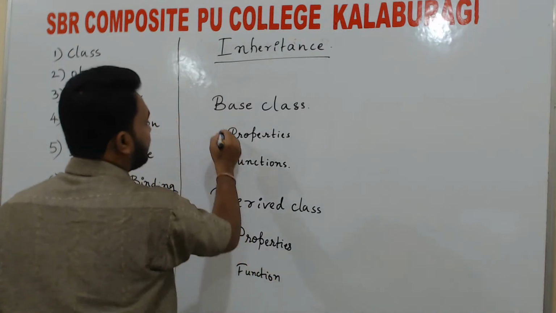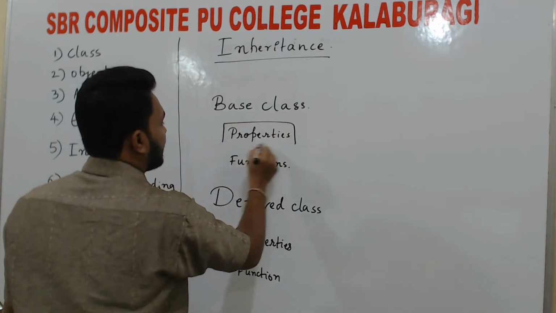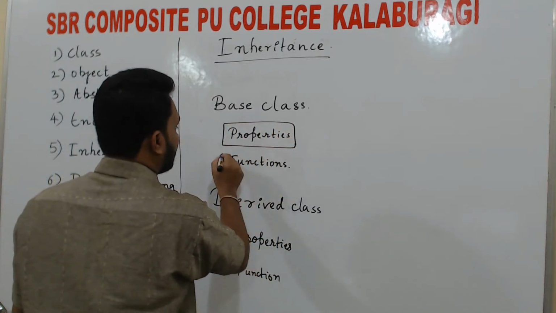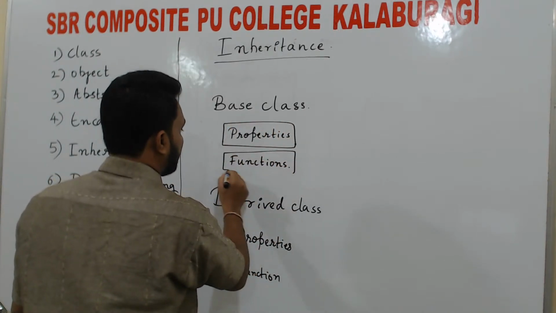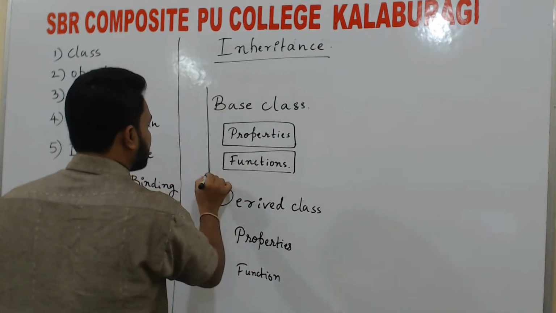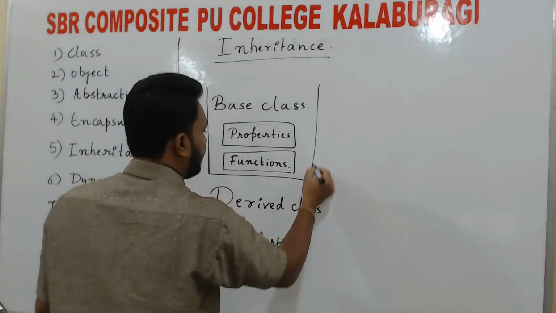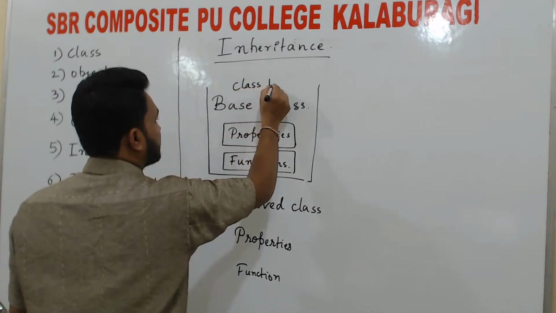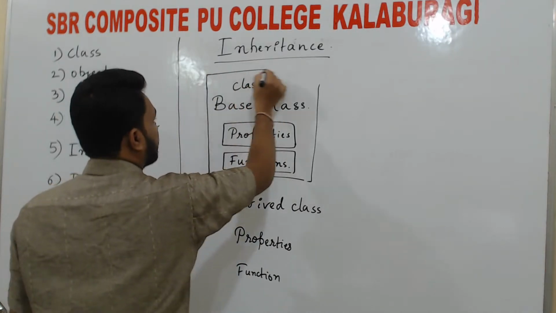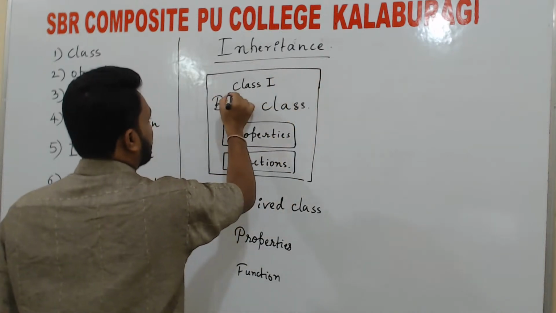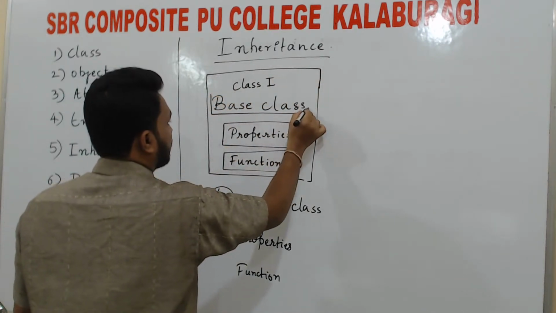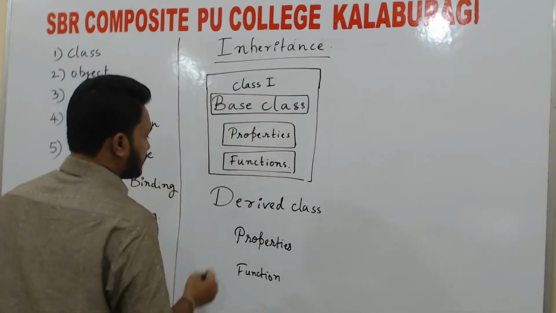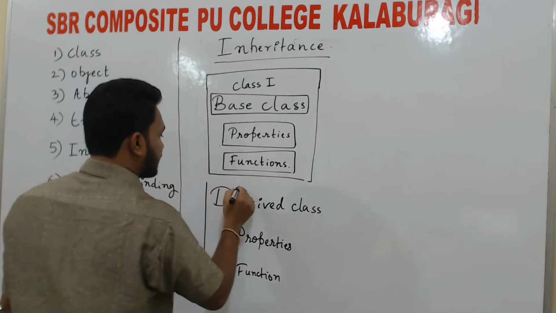See, I have taken a base class and a derived class. I told you that it contains multiple classes. So this we call class 1, the first class. This is the derived class, which is class 2.